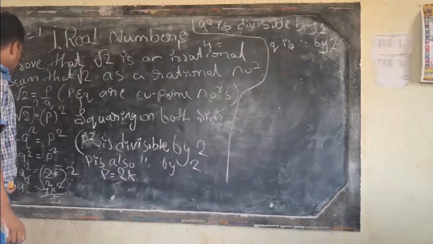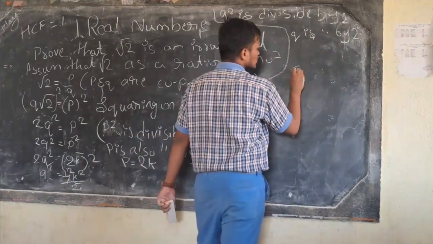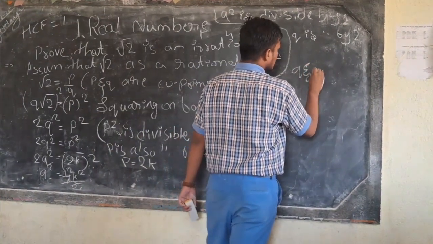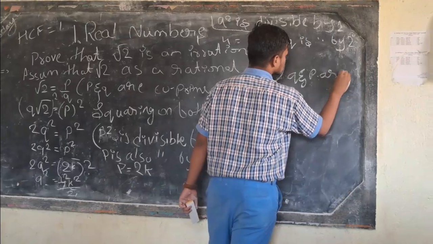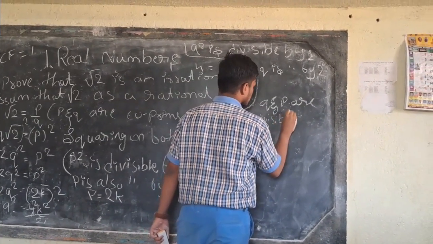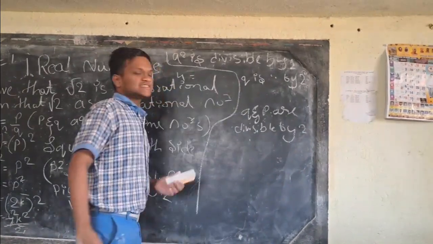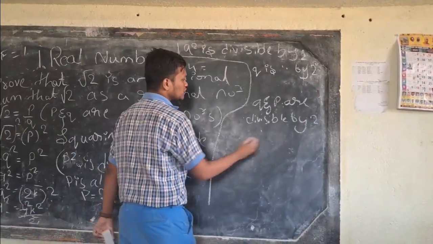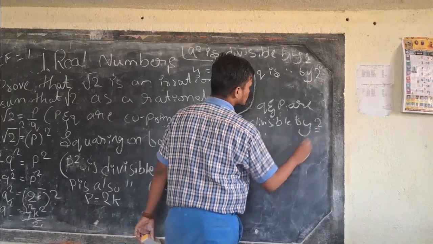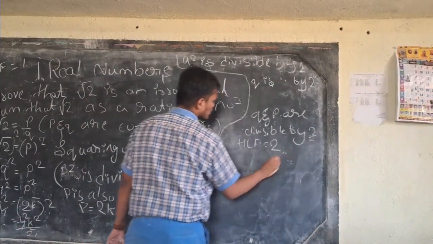Hence both q and p are divisible by 2. Then their HCF is 2.